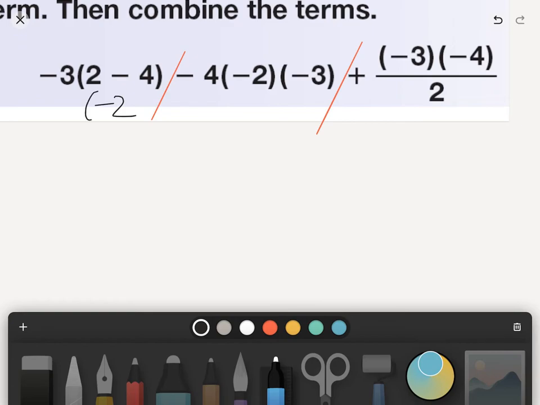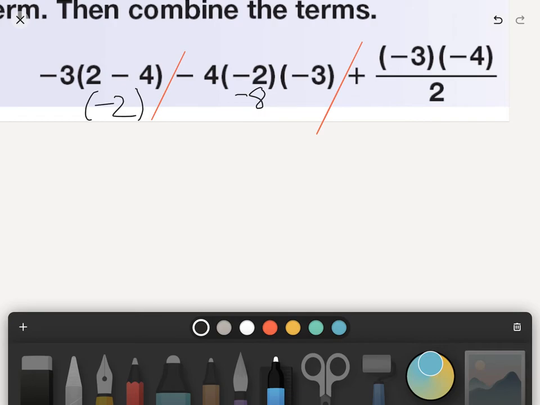Alright, so then negative 3 times negative 2. Well, I'll do these next. So looking at this, we can just say 4 times negative 2 would be negative 8.